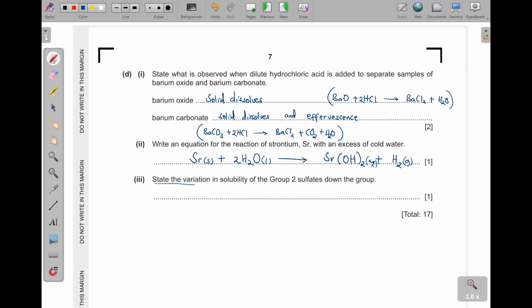Then Roman 3, state the variation in solubility of group 2 sulfates down the group. So this one decreases down the group.